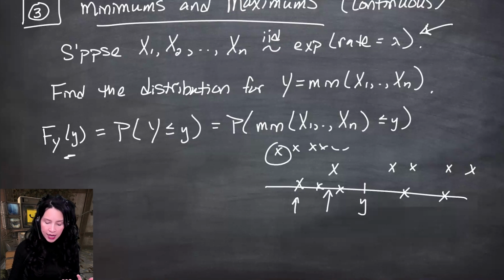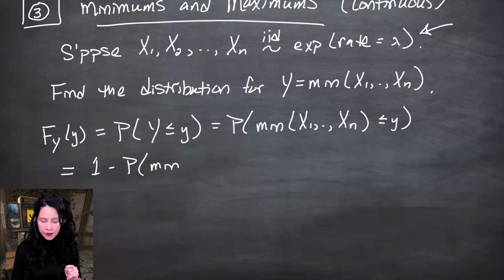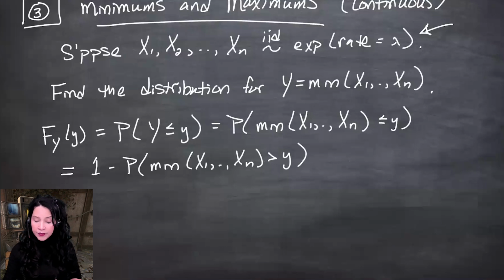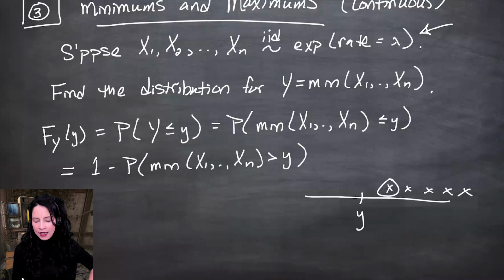So this seems kind of complicated to get back to what's going on in terms of the individual x's until you turn this probability around. So I'm going to look at the complement of this event. This is 1 minus the probability that the minimum of x1 out through xn is greater than y. Because if I draw that number line again, there's only one way that our sample can have a minimum above y, and that is if and only if each individual value is above y.